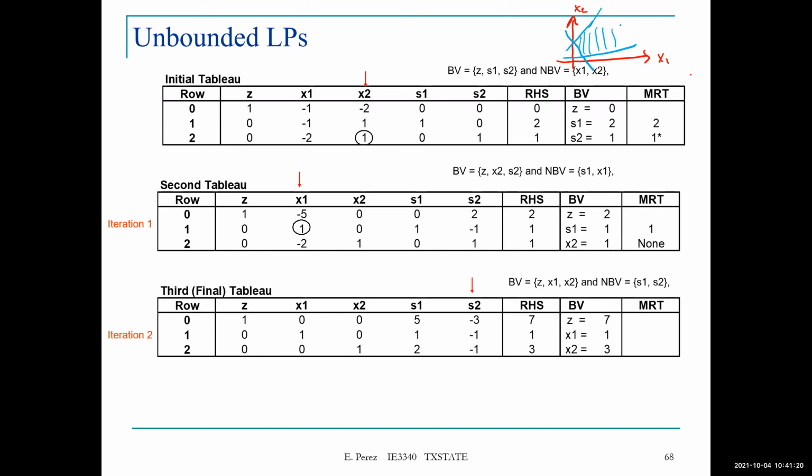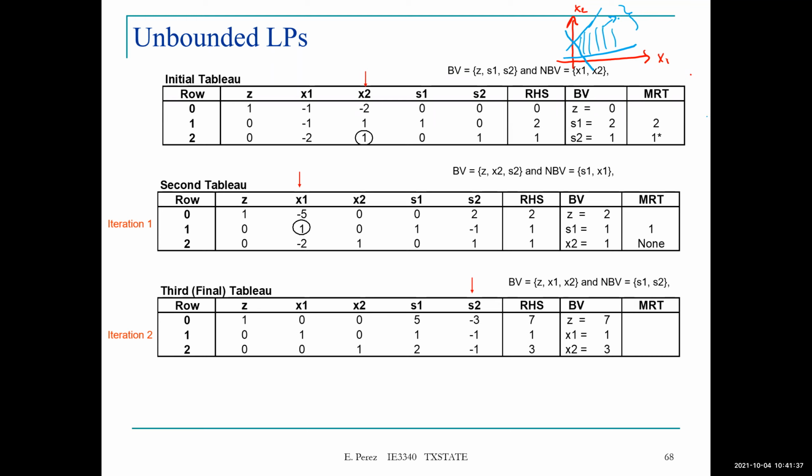So there's no bounds here at this part. So if your direction of improvement is that direction and you're maximizing, there's no way for you to find a unique point. You're going to still increase because the area is increasing. So that's what this is representing.